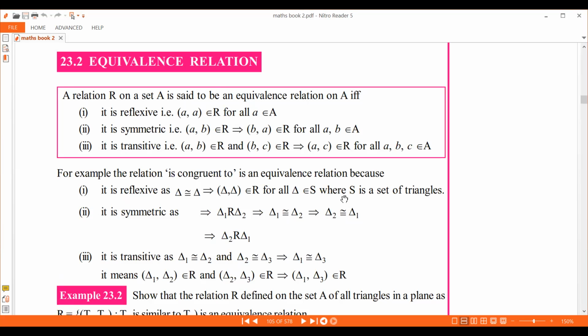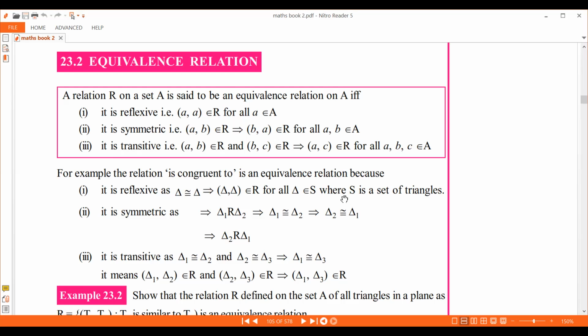and only if it is reflexive. That is, you can find all the doublets. Symmetric: a comma b belongs to R and b comma a belongs to R. And transitive.